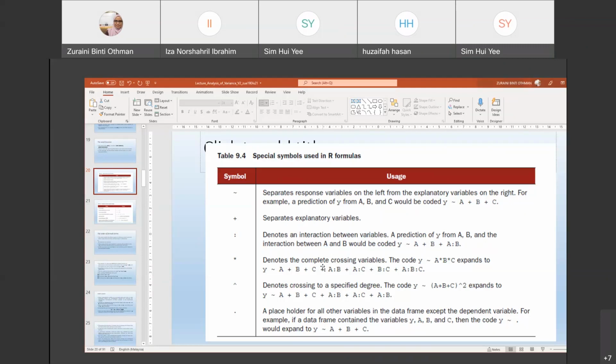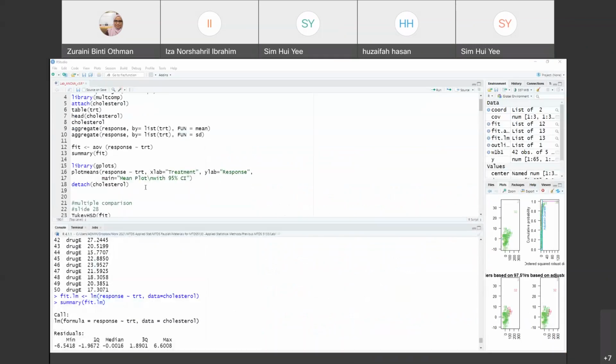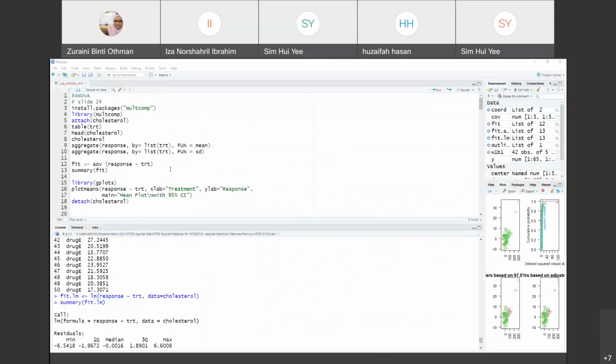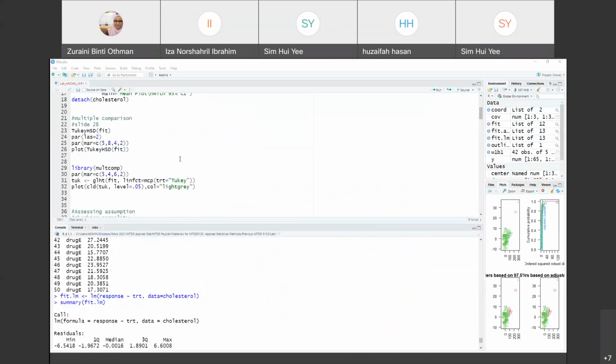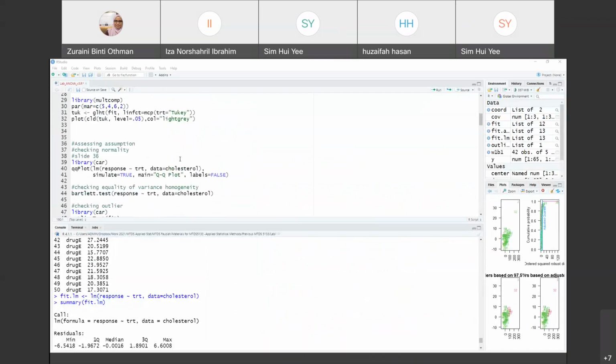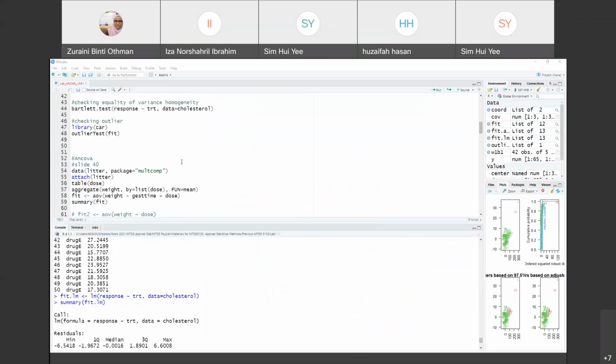And you can see also in R, when you use this kind of formula, what you are going to have in the answer. For example, if I share back my R, for example here, I put a formula, you can see, right? Okay, for example here, AOV. This is a formula. This is one type of formula.